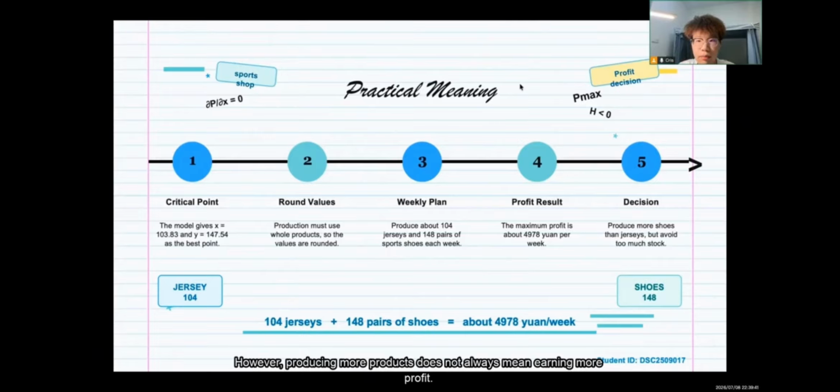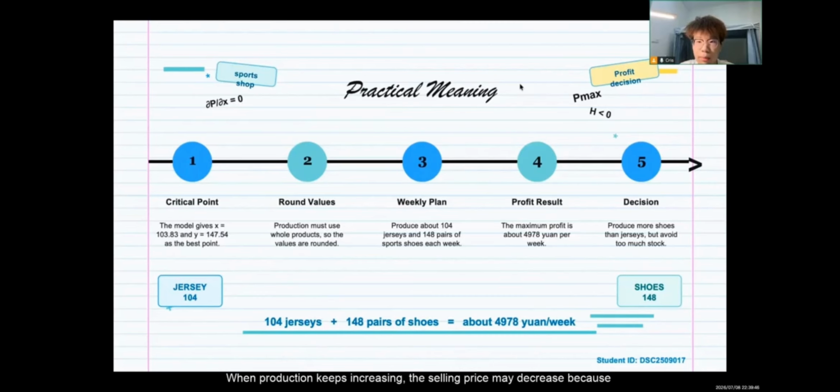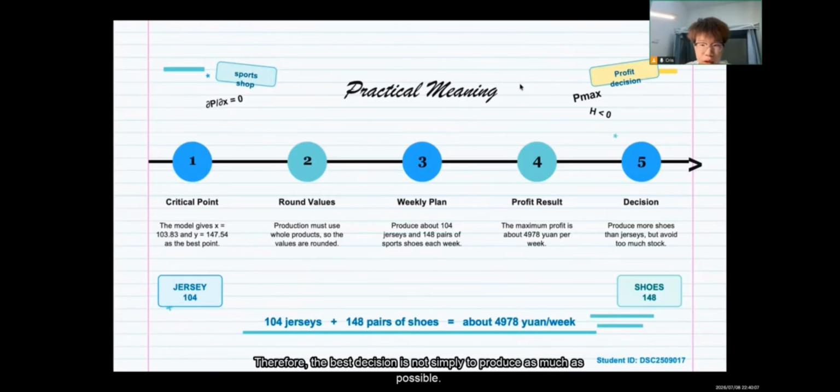However, producing more product doesn't always mean earning more profit. When production keeps increasing, the selling price may decrease because of market competition. At the same time, production cost, inventory cost, and management costs may also increase. Therefore, the best decision is not simply to produce as much as possible.